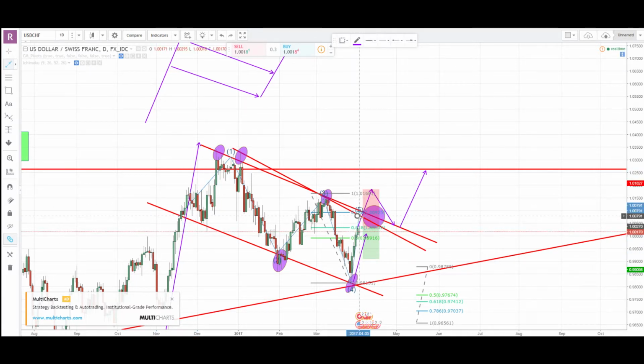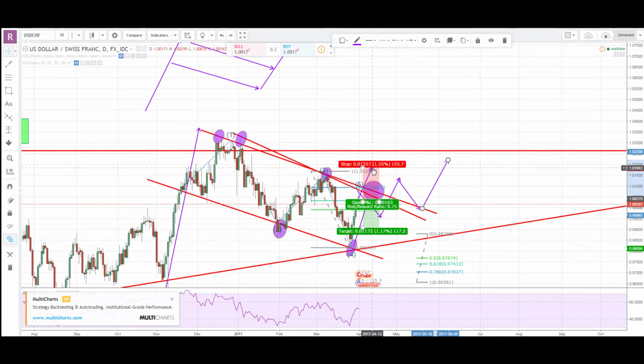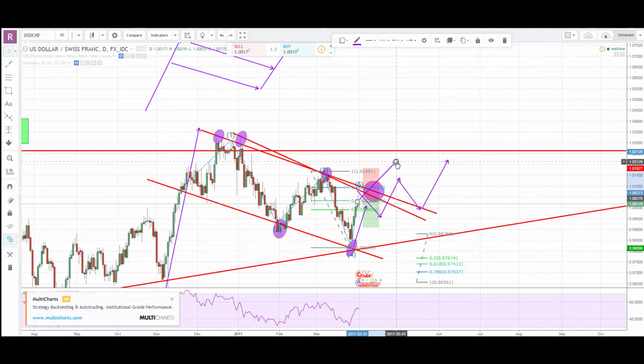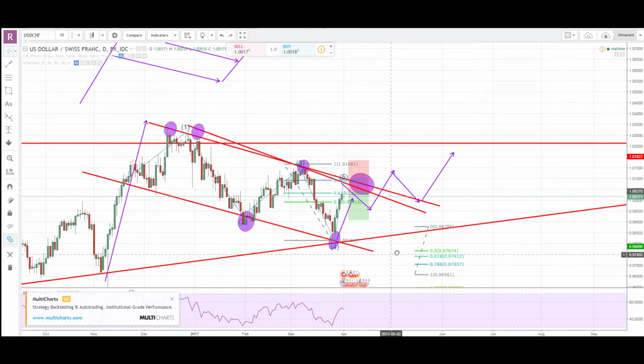We do expect a retrace, and we do expect a breakout, and then these will follow a breakout, a retest of the structure, and then another spike up.